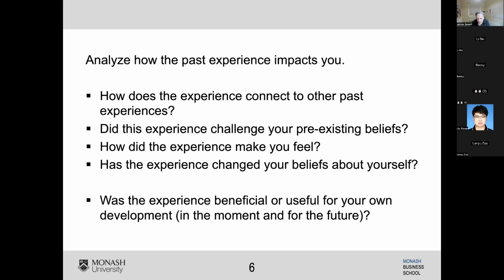Now, the second thing you might try to do, and it's not going to apply to every experience, and this is where you're starting to get a bit deeper, is how did those experiences challenge your pre-existing beliefs, right? So you thought something should happen one way, you thought other people believed this, you thought this was the right way to do things, but actually what happened challenged what you believed was important or what your values were.